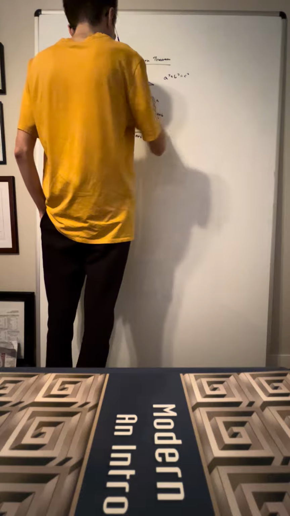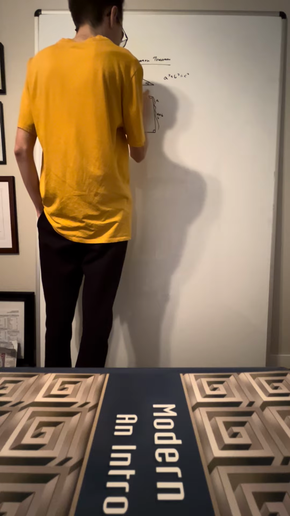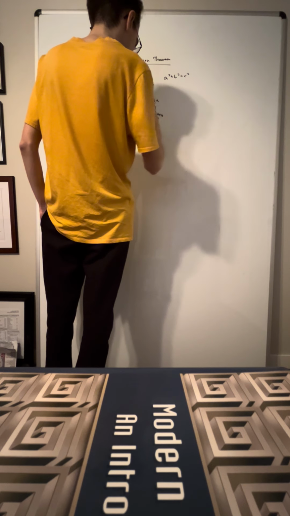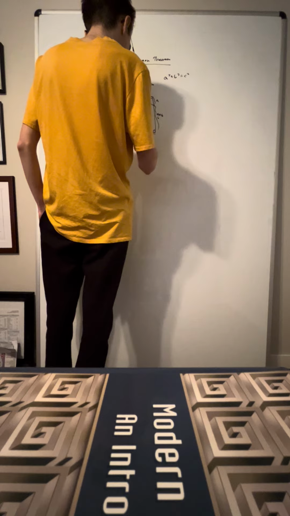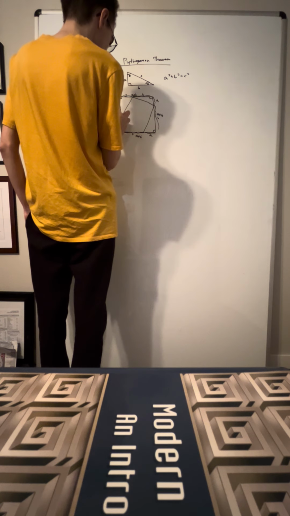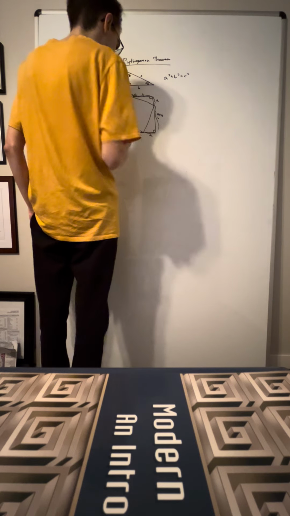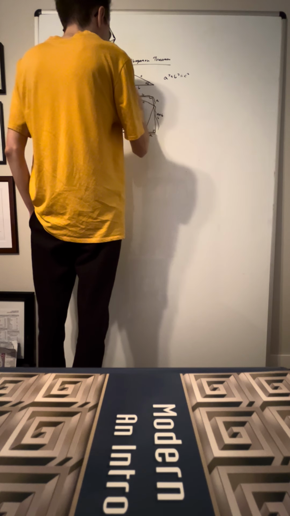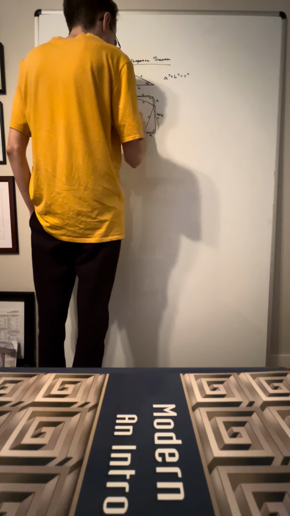So if you start drawing your right triangles in here, then this is going to be A and B. Okay. So this is what we get, and by the way, these are all side length C.